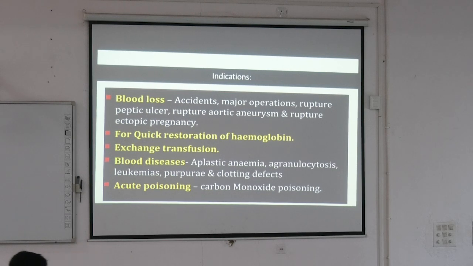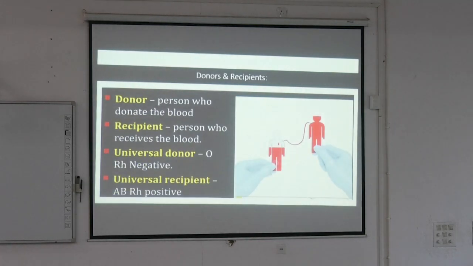So like aplastic anemia, agranulocytosis, leukemia, purpura or clotting defect, and acute poisoning like carbon monoxide poisoning, where all the hemoglobin is rapidly engaged by carbon monoxide. In these conditions, there is an indication for blood transfusion.